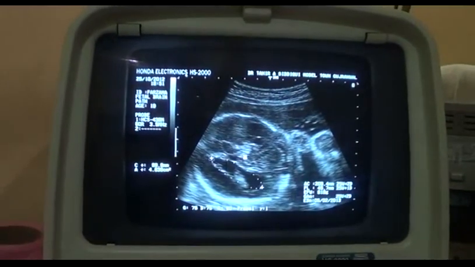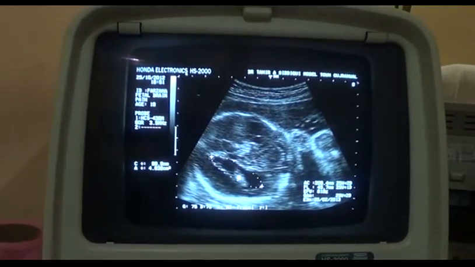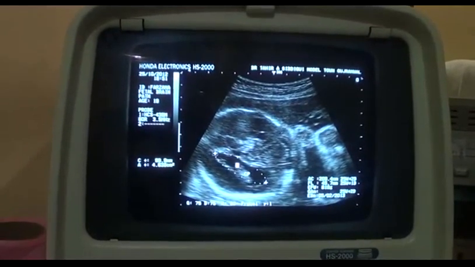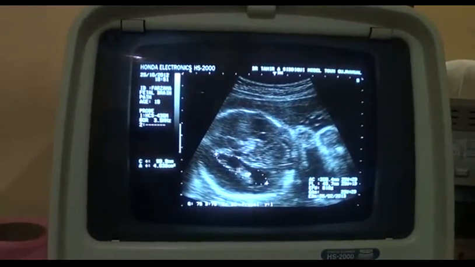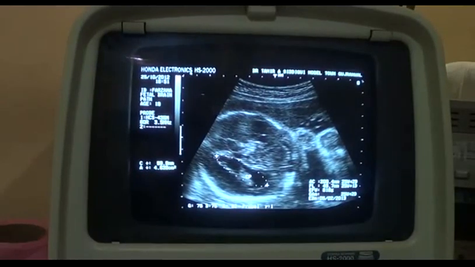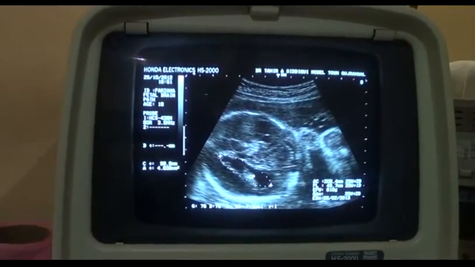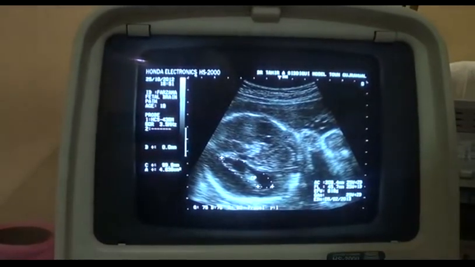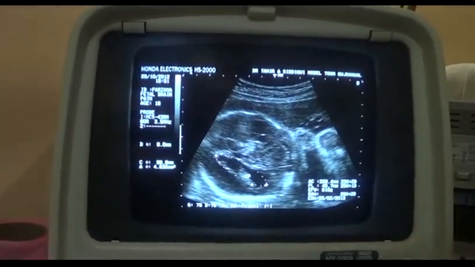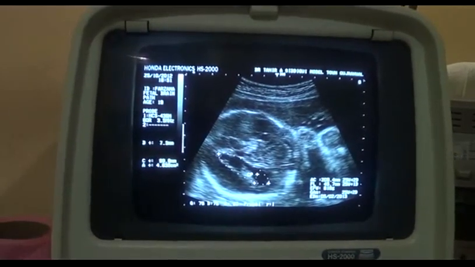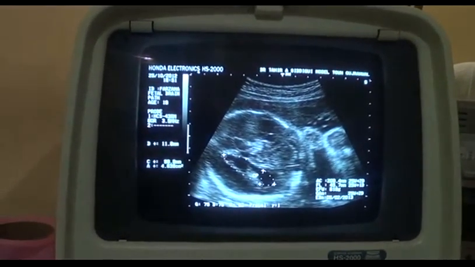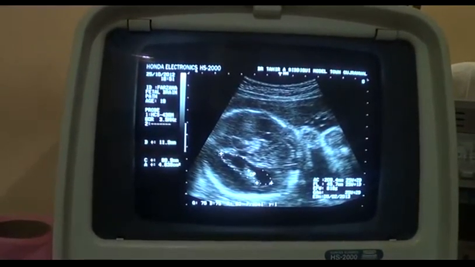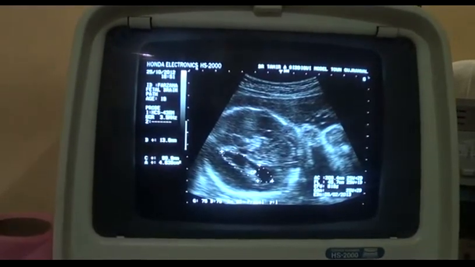This is the choroid plexus. This area appears to be at an angle of more than 75 degrees. We always measure the dilation of the lateral ventricle from the medial edge of the choroid plexus, and here we are.